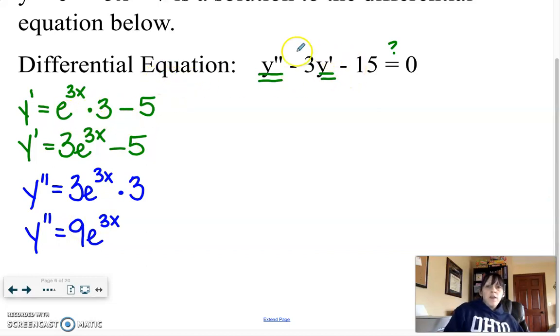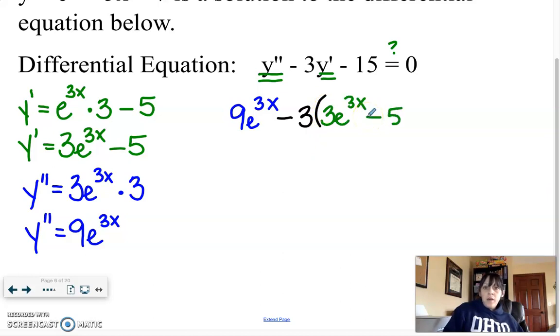So what we're going to do is verify that this differential equation does equal 0. So to do that, plug in y double prime, which was 9e to the 3x, minus 3 times y prime, and y prime was 3e to the 3x minus 5.